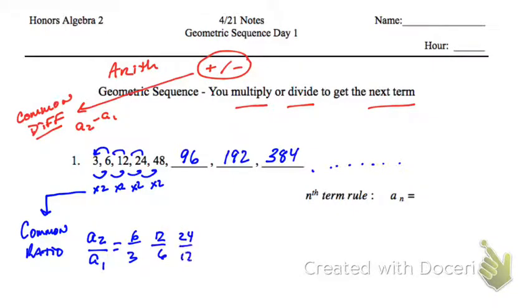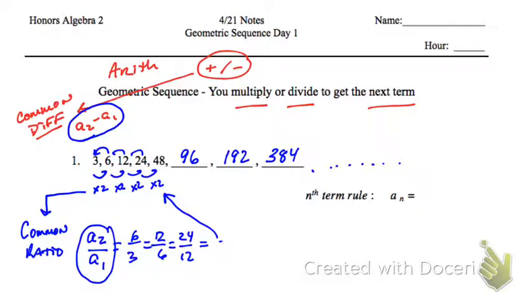You get the idea. Every one of these answers is the same. It's 2, that's the number we multiply by. So that's called the common ratio. Dividing any term by what's in front of it is the foolproof way to figure it out, just like with arithmetic, the foolproof way to figure out your D value is to subtract any number minus the number in front of it.